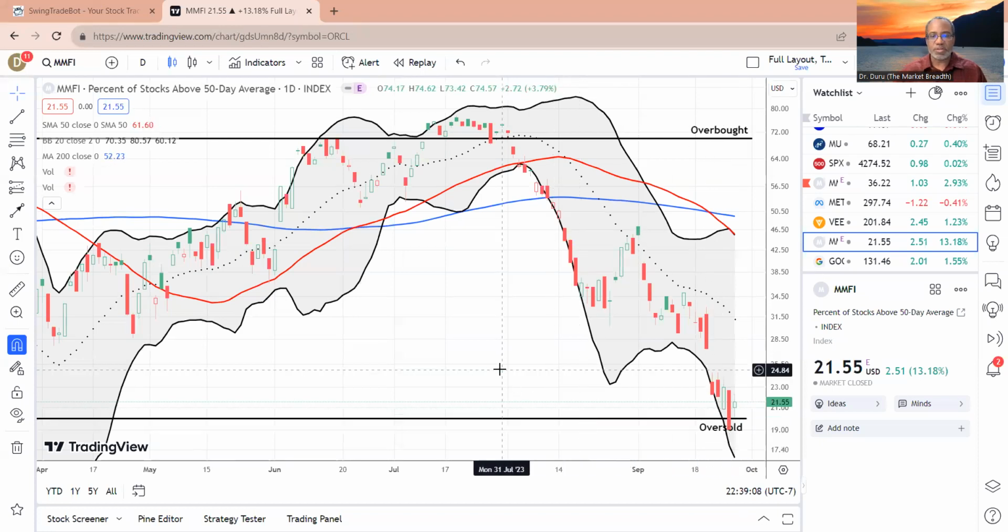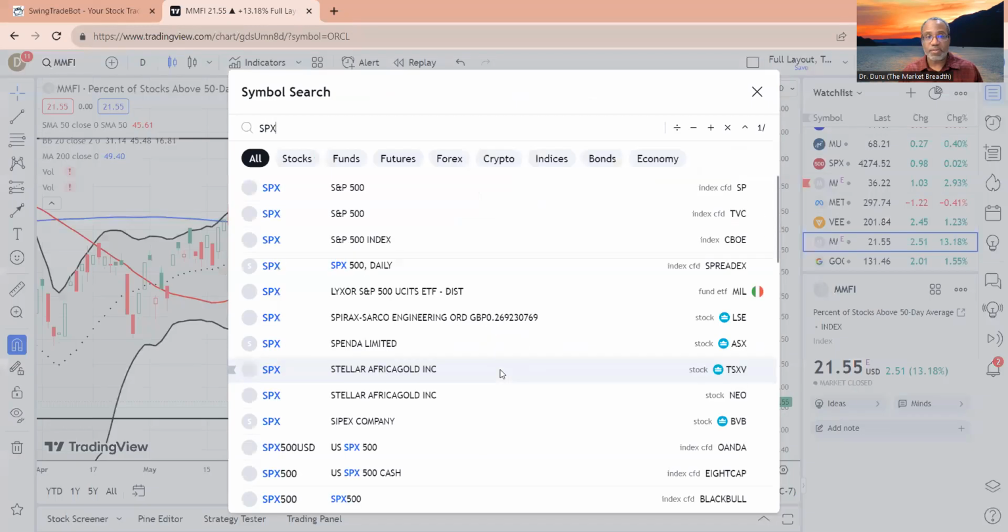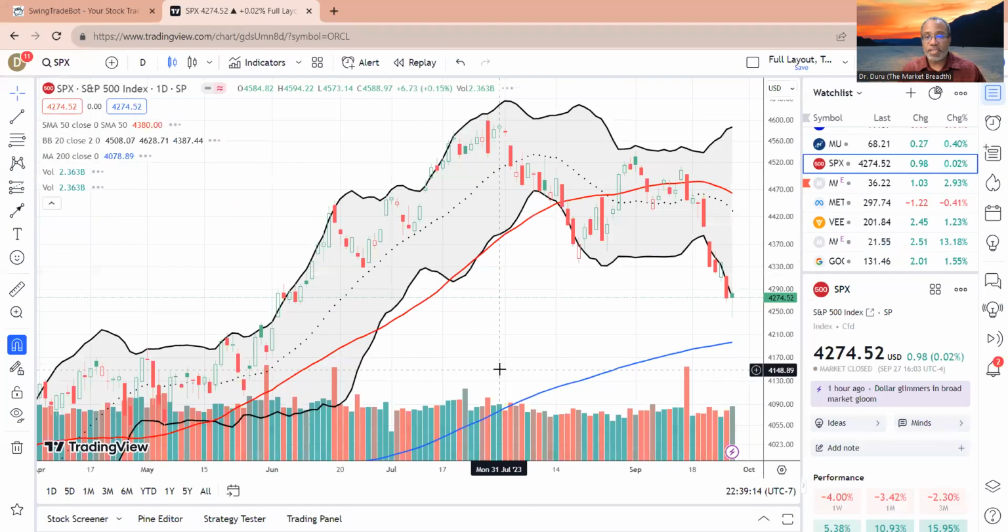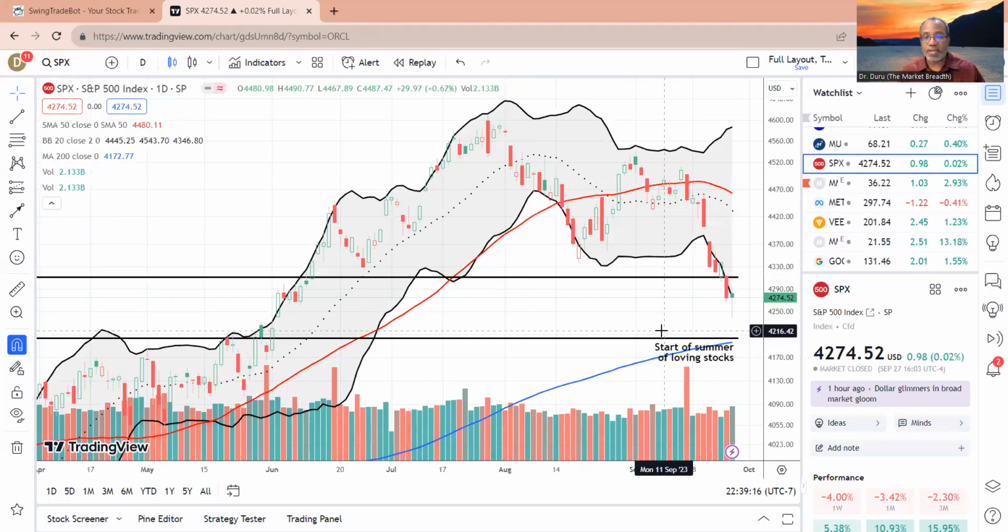First thing I do, of course, is check out the S&P 500. Part of what's going on is that the market sold off intraday. You can see it was over a 30-point move downwards on the S&P 500, and then it rebounded to basically a flat close.